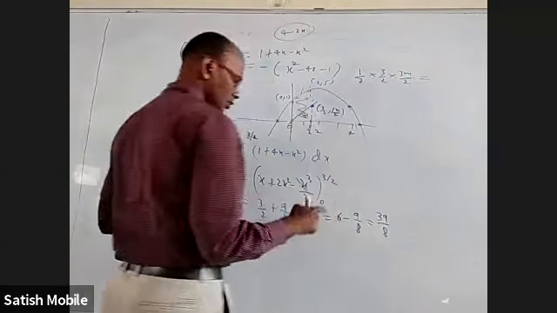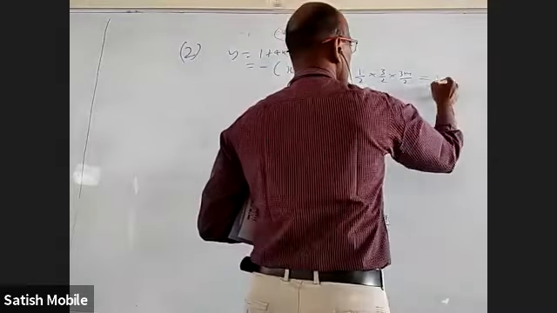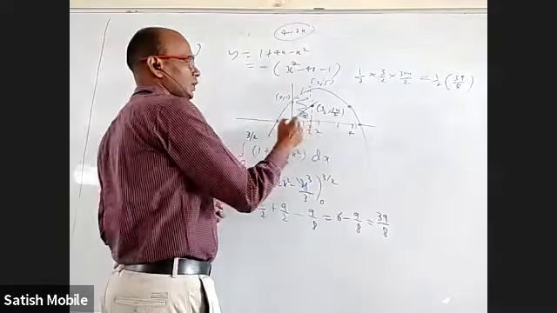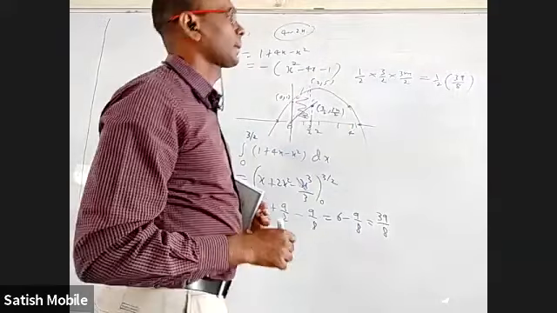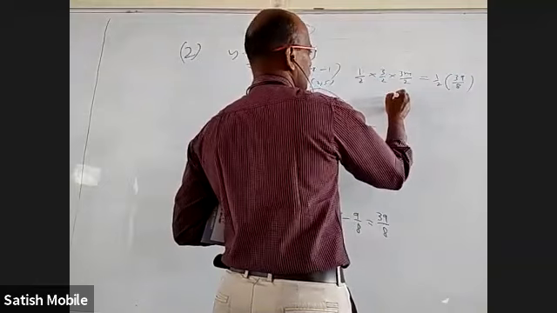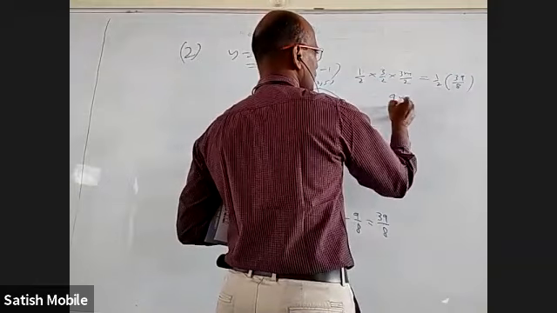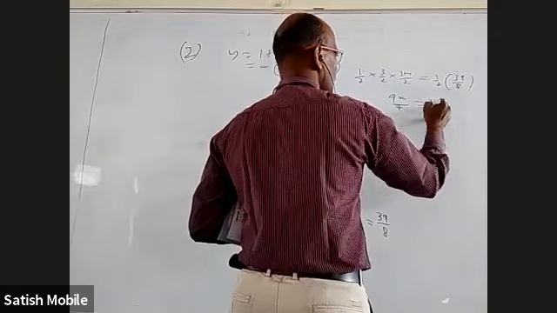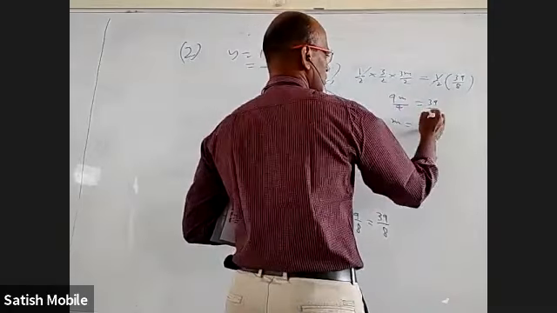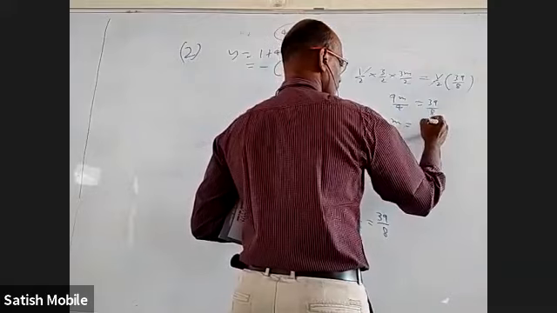That should be equal to half of this, half of 39 by 8. Area of the triangle is half of the total area. Half we can cancel, and here we got 9m by 4 is 39 by 8 after cancelling this. M will be 39 by 18.